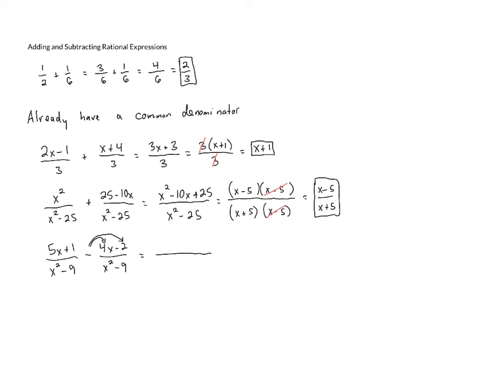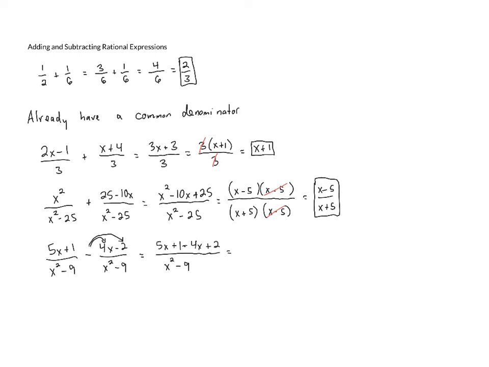So what we're going to do here is we're going to keep our common denominator, but we're actually going to rewrite the numerators. We're going to keep the first one the same, and then we're going to distribute that subtraction to the other terms. So this is going to be a minus 4x, but then when we subtract a negative, it's going to become plus 2.